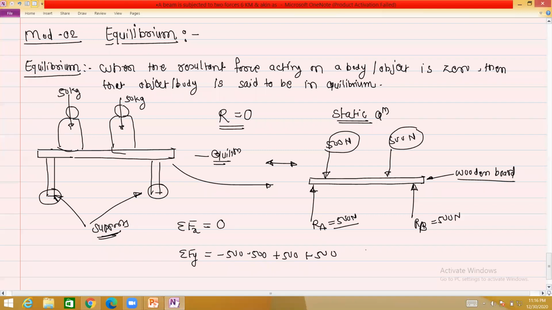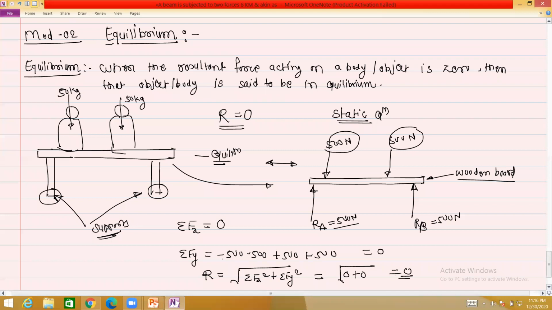So summation Fy is also 0. The resultant R is the square root of summation Fx squared plus summation Fy squared, so this value will become 0.